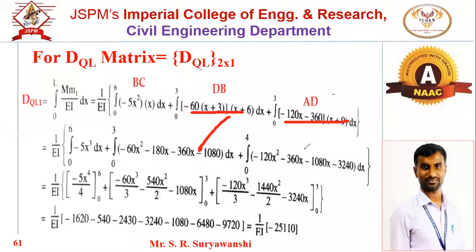And how to get this equation? On my YouTube channel, there is one video, how to perform the definite integration on the calci. So you can refer to that. तरी काही problem असेल, you can call me. Okay. So this is the first element DQL1, and the answer is minus 25110 divided by EI.